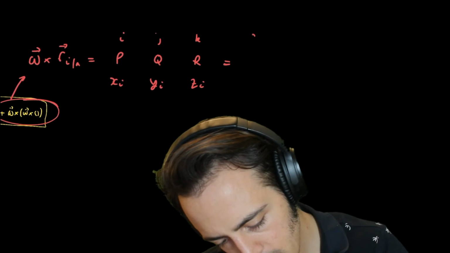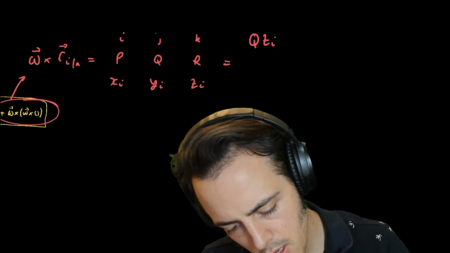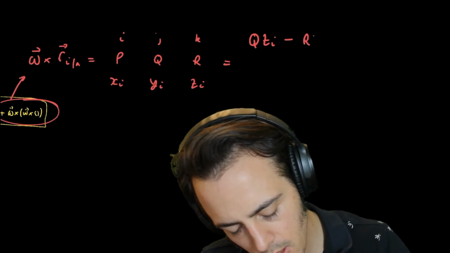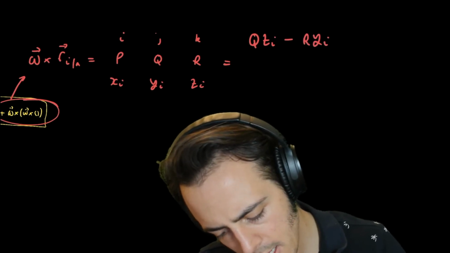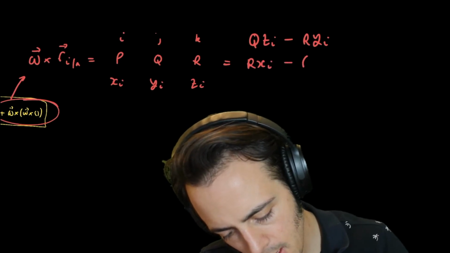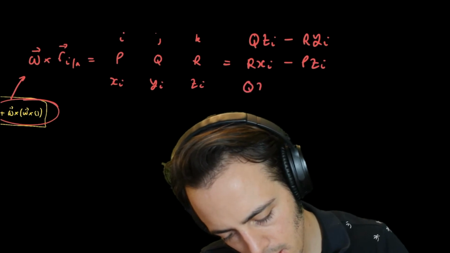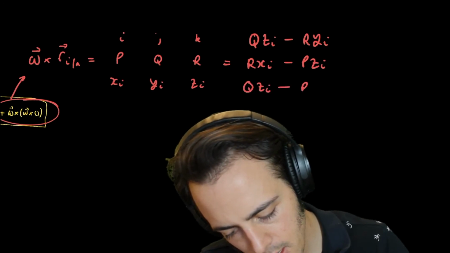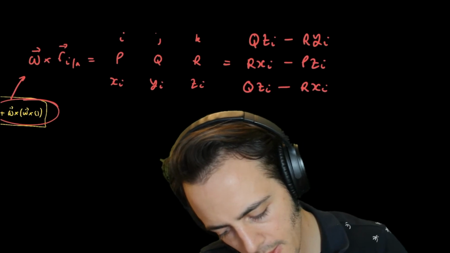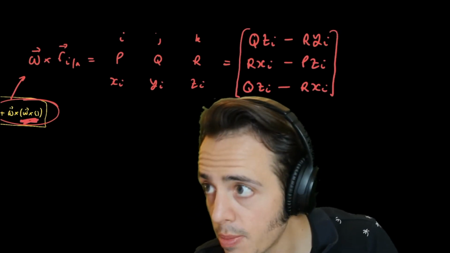So we get Q Zi minus R Yi, R Xi minus P Zi, Q Zi minus R Xi. Okay, so that's this bit done.